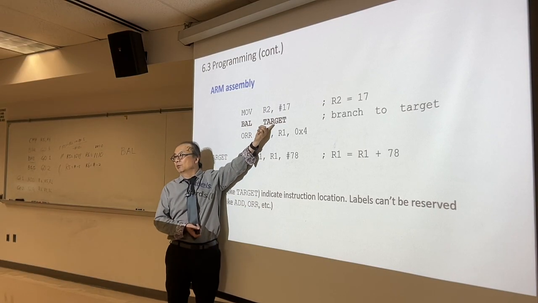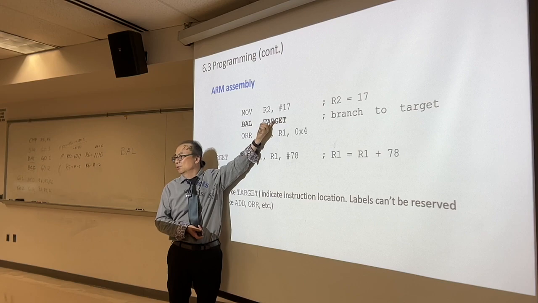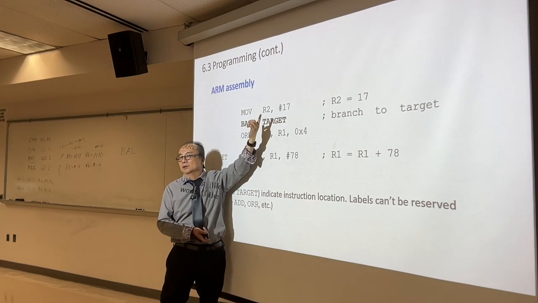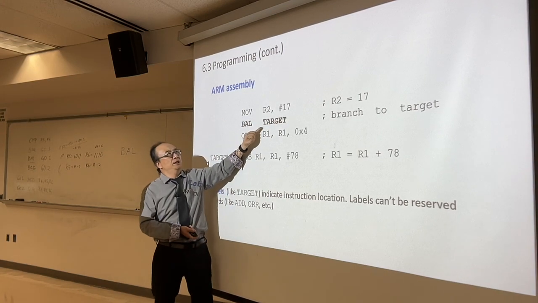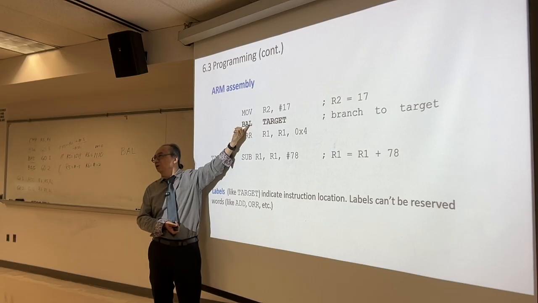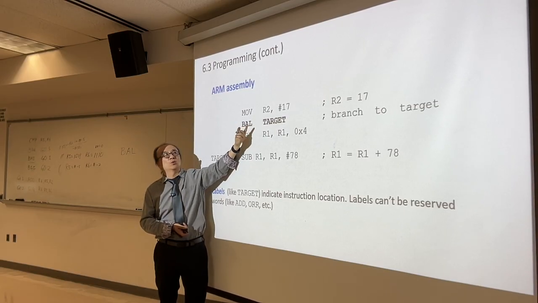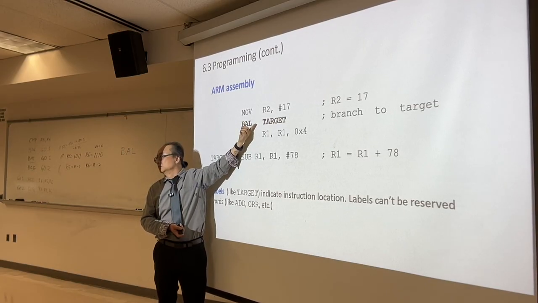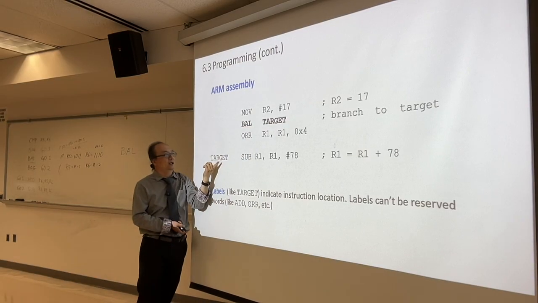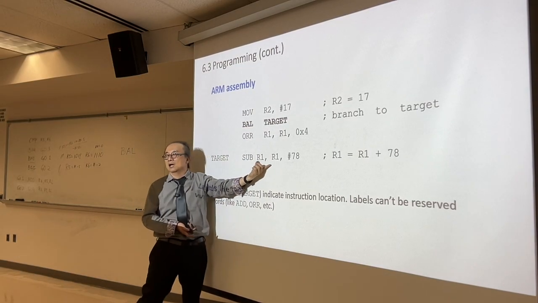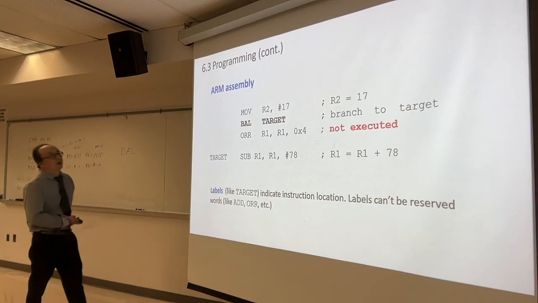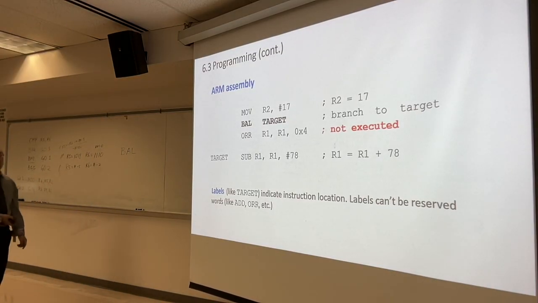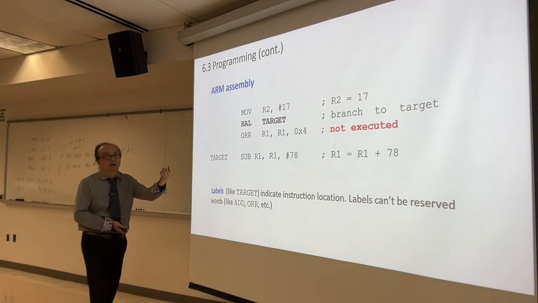But as you saw in the previous, go 1, go 2, go 3, target, here, there, we can use anything. But once we hit this guy, there's no condition. It's unconditional branch. Once you hit this, you have to go. No choice. Where is the target? Target is here. You're going to execute this guy. Therefore, OR R1, R1, 0x4 is not going to be executed.